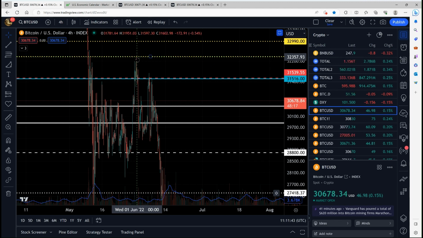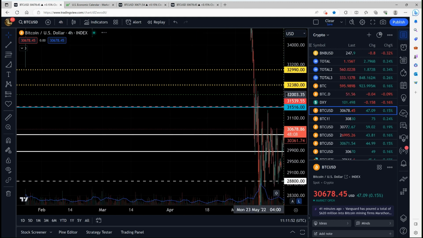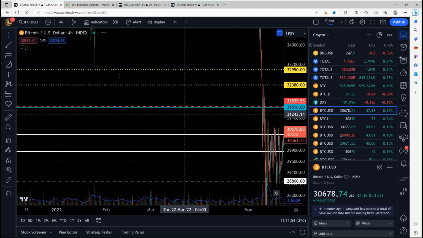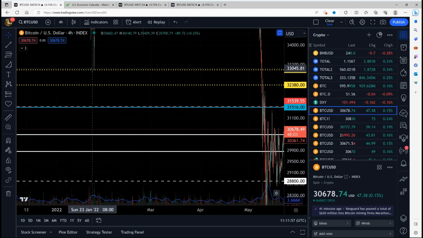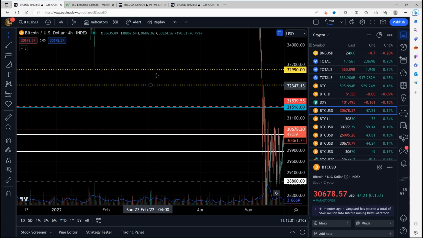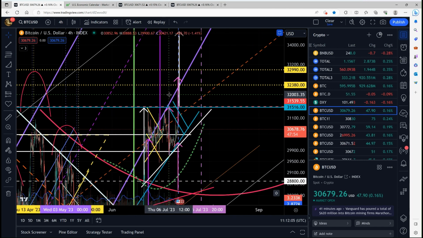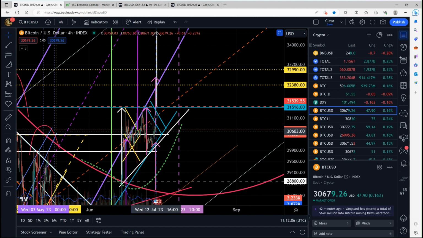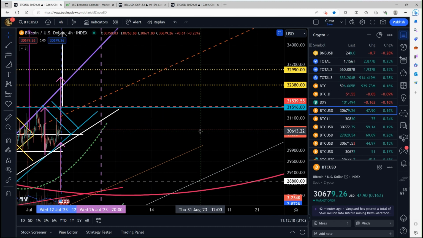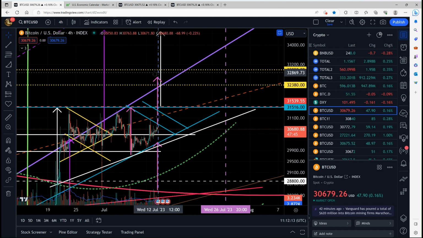That's the bottom line, and it represents this high right here. It's an important high. And the top line represents the low of here in January 24th, 2022. That's why those lines are there. And the target from our symmetrical triangle currently is right in the middle of those two lines.